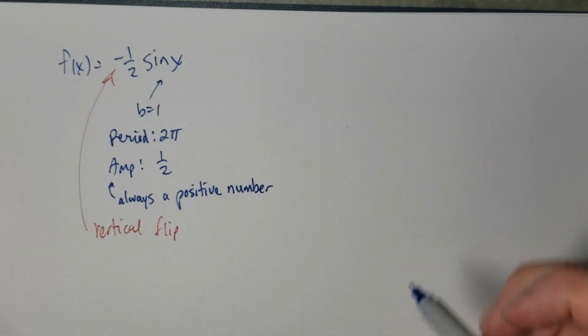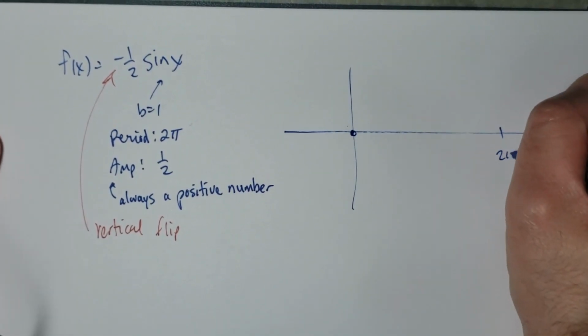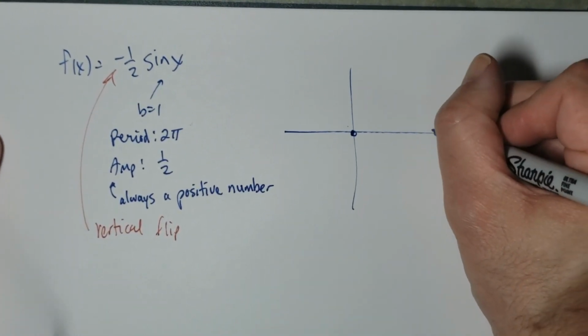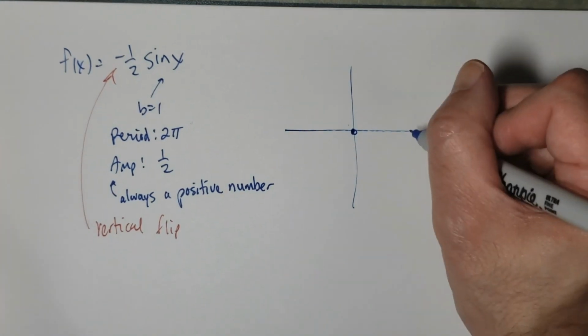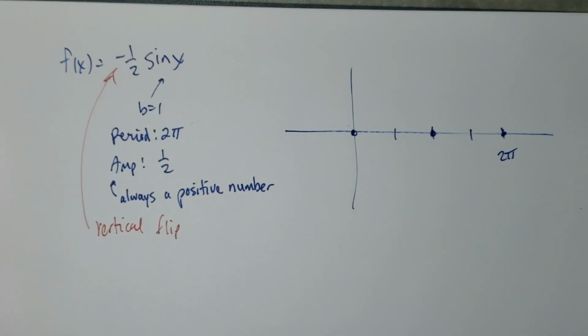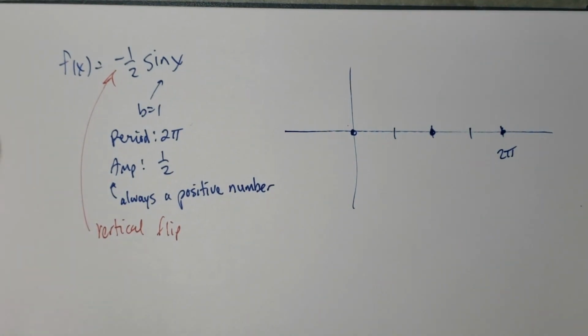All right, so let's set up our graph. Start at the origin, move over the period. Halfway in the middle is our third x-intercept. Then halfway in the middle, halfway in the middle. So these are the same numbers we've had the whole time because I haven't changed the period yet. Then we go up to the maximum, down to the minimum.